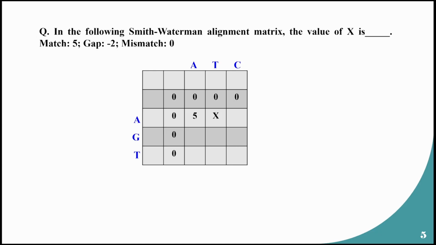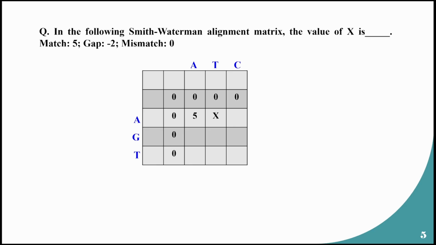So what would be the optimum alignment score in the case of Smith-Waterman? In Needleman-Wunsch, the bottom right corner score is taken as the optimum alignment score, the net alignment score. Is it the same in Smith-Waterman, or is it something else?